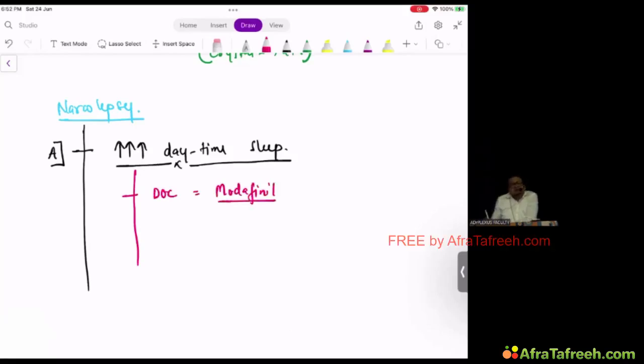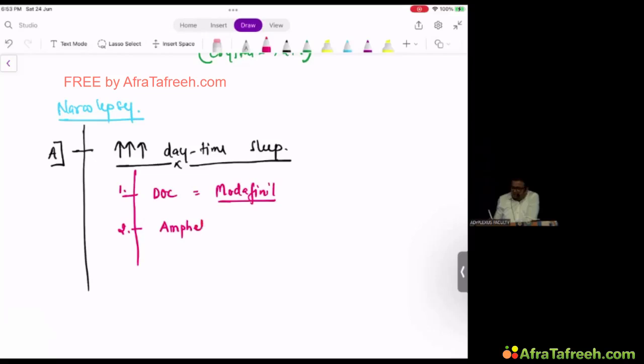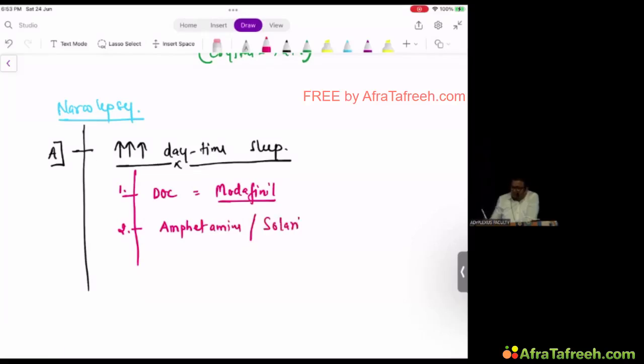How does it act? Modafinil is a reuptake inhibitor of Na. So that is drug number 1. Drug number 2, amphetamines can be given. There is an amphetamine related drug which is called solriamfetol.